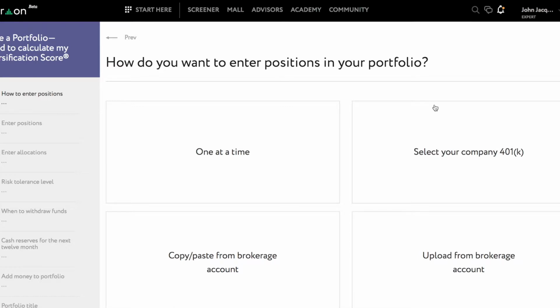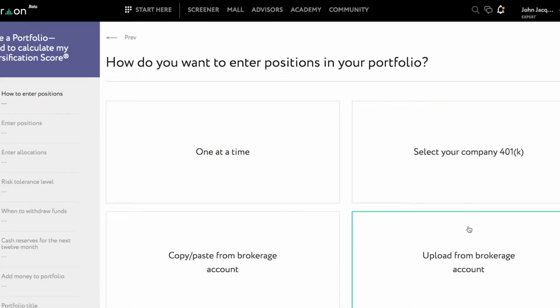In order to make sure that Tickeron's artificial intelligence is working correctly, you want to make sure your portfolio here on Tickeron accurately reflects your actual portfolio. You can automate this process by simply using the aggregation service offered on the site. This is the option to upload from your brokerage account.